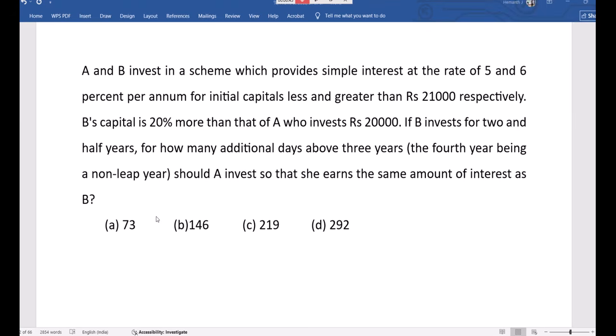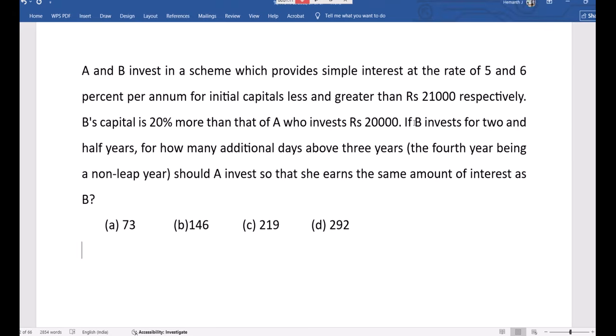But in the question you see that B's amount is more and rate of interest is more. B's investment is more than 21,000, rate of interest is 6% per annum, whereas A's investment is less than 21,000, at 5% per annum. If they want both to have the same interest, A should invest for more time. B invested 2.5 years.